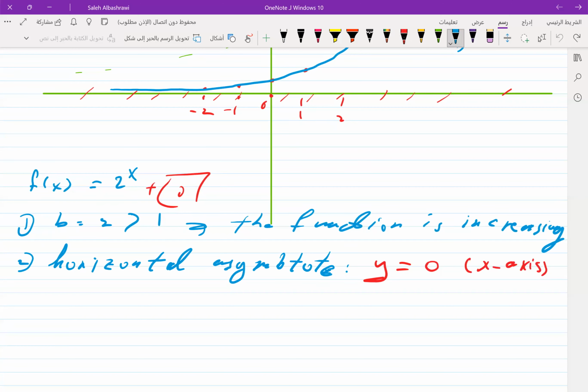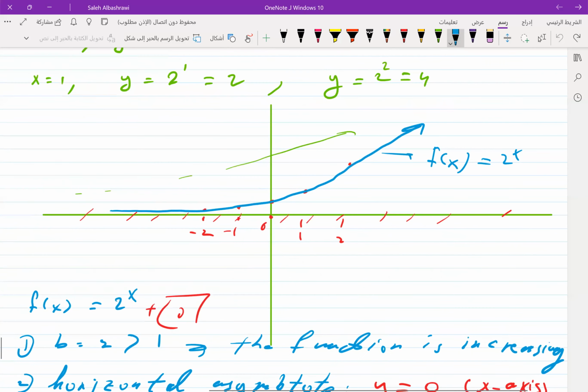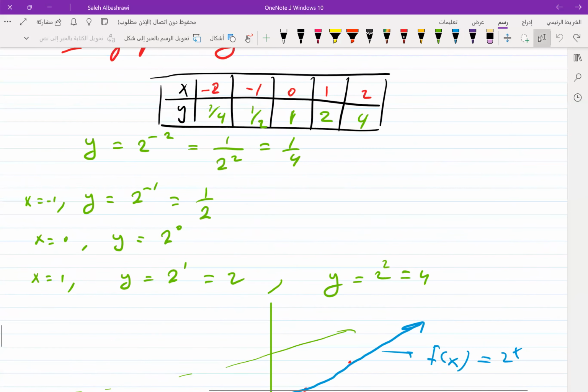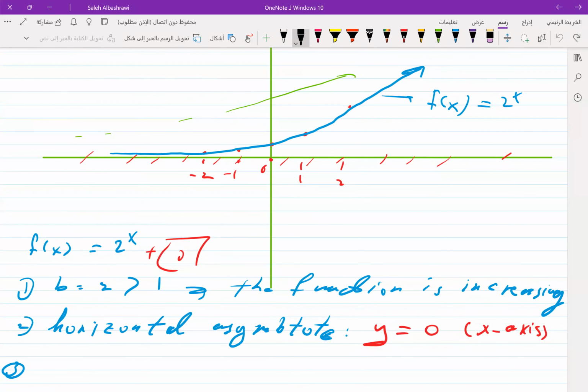Third point, when x equal to 0, for this point, 0, which is this point. Because this is the x-intercept, I'm sorry, y-intercept.